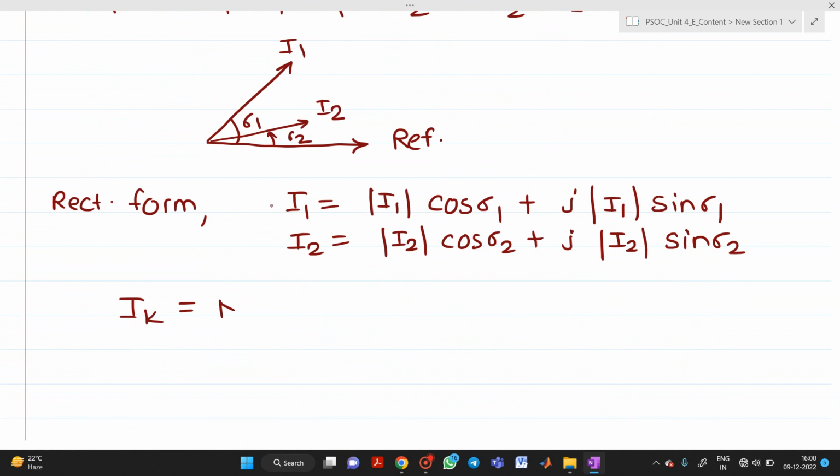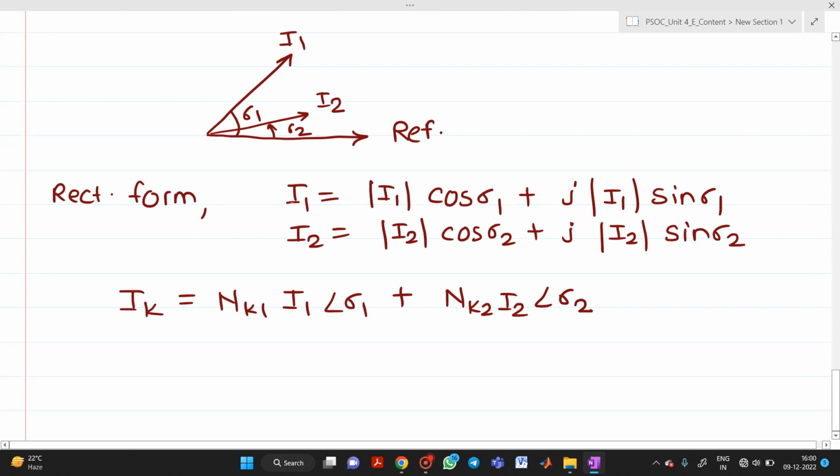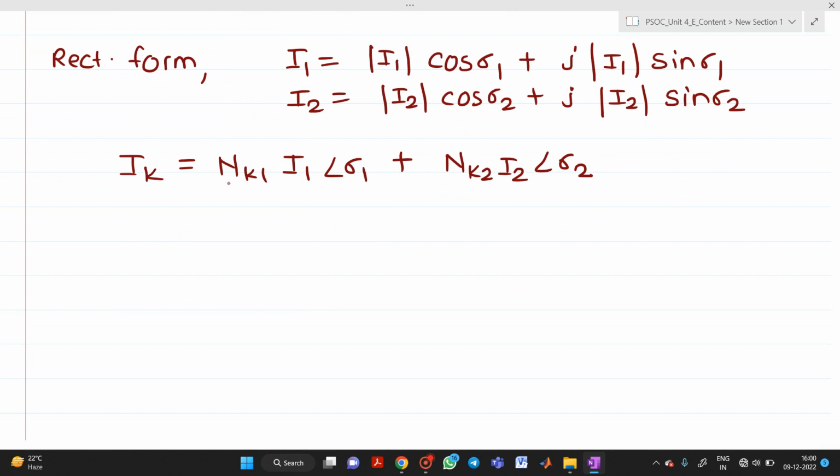So I can write it as nk1 into I1 at an angle sigma 1 plus nk2 into I2 at an angle sigma 2, because in the diagram we have seen I1 at an angle sigma 1 and I2 at an angle sigma 2. Now in rectangular form, IK will be equal to nk1 times I1 at an angle sigma 1, which I can write in rectangular form like this. So how can we write it?